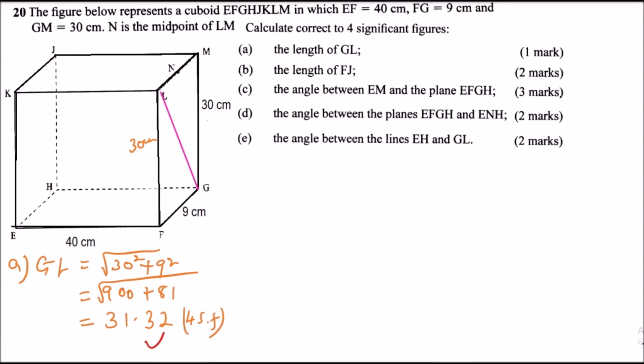We look at question part B, the length FJ. So this is our F and that is our J. So let's draw the line FJ. So that is our FJ, the blue line.